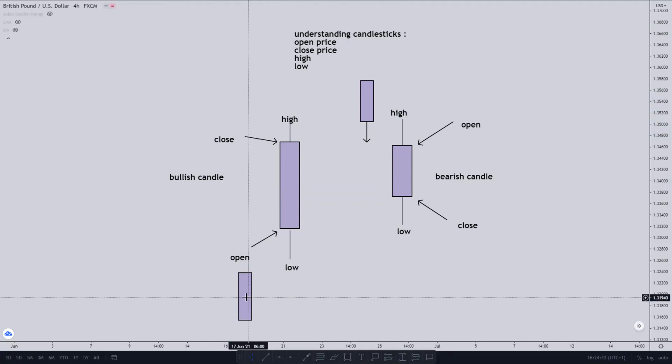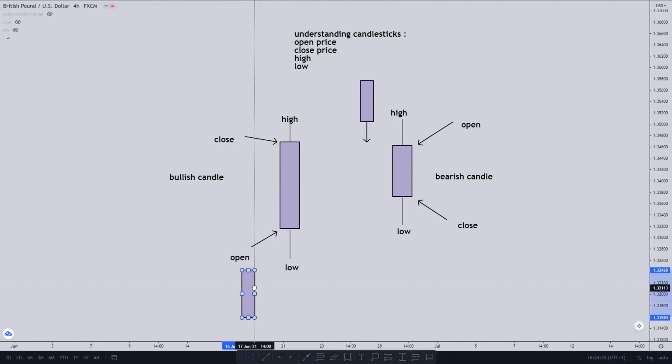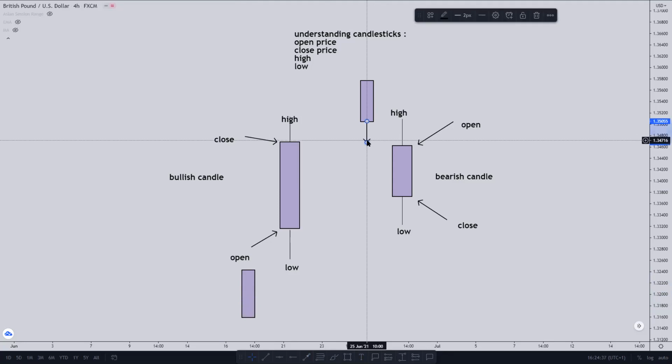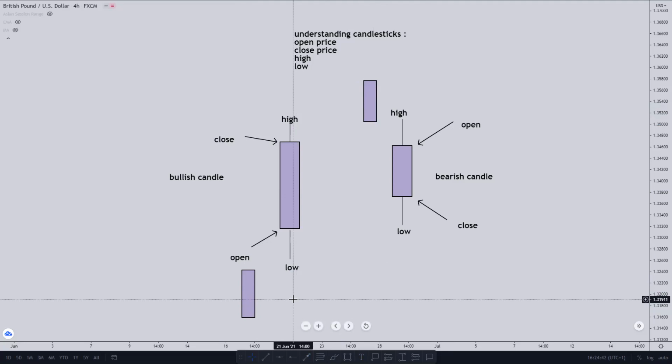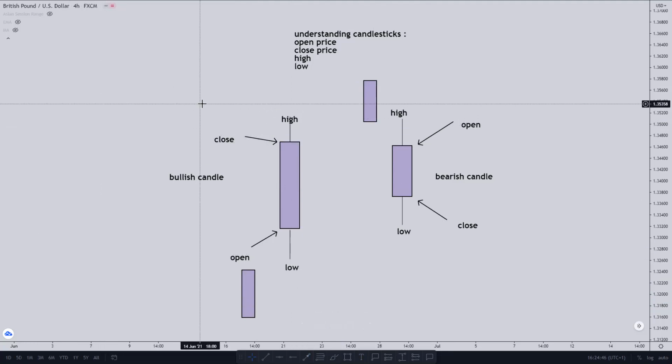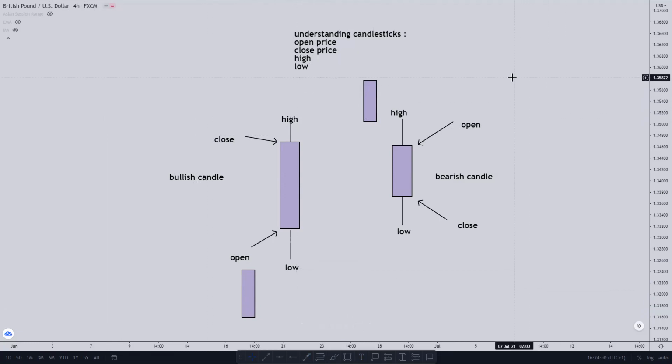Let me remove the arrow just so that you will understand. Yeah, this is bearish. Not gonna make this easy for anyone. You guys must understand this. Okay, so candlesticks is more like a bank statement, more like a receipt. It tells you where price was at that time.